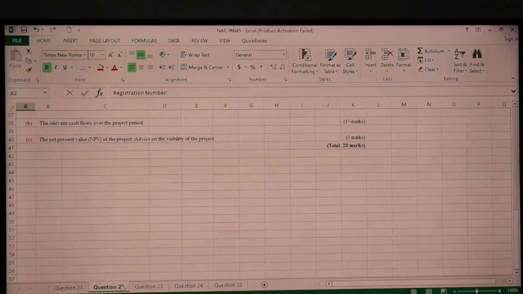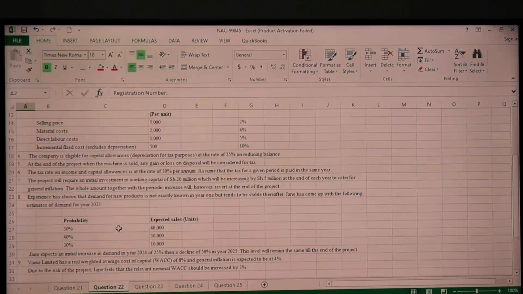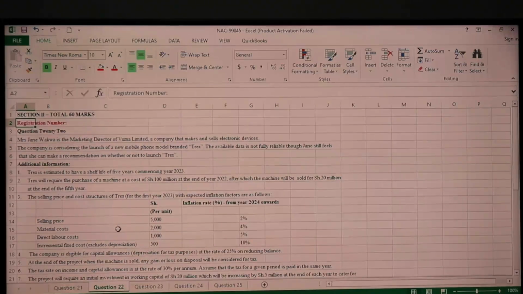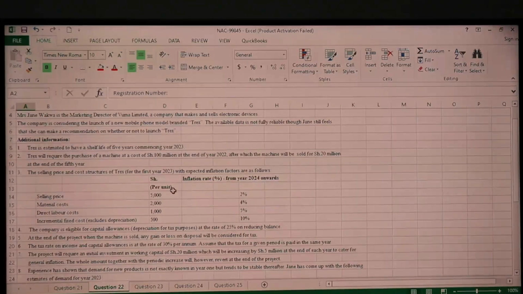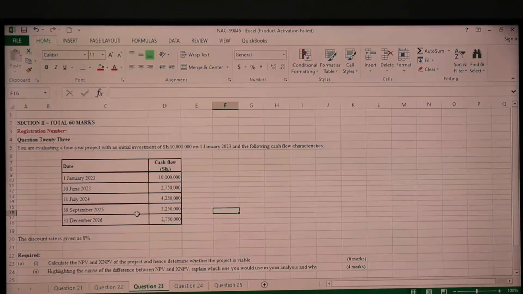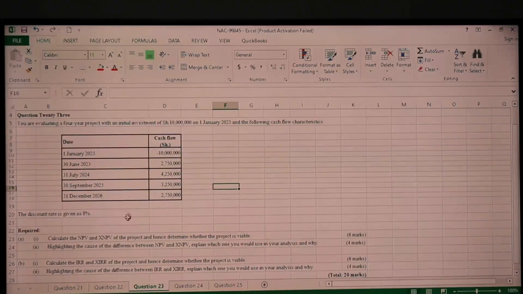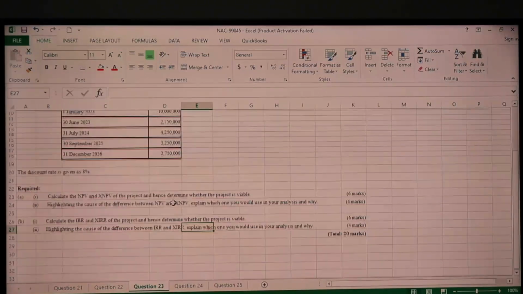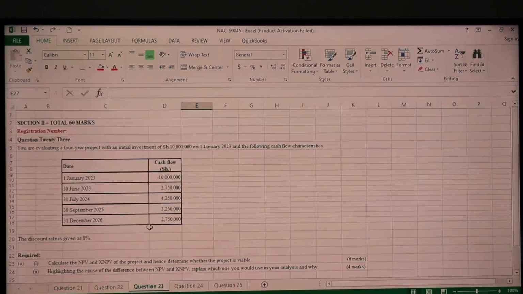Then question 22 was about the net present value, something we have really discussed over a very long time. We are going to tackle this one too. There is something I'm going to show you about the XNPV and XIRR. We're going to discuss more about that and see how you can solve such a question.